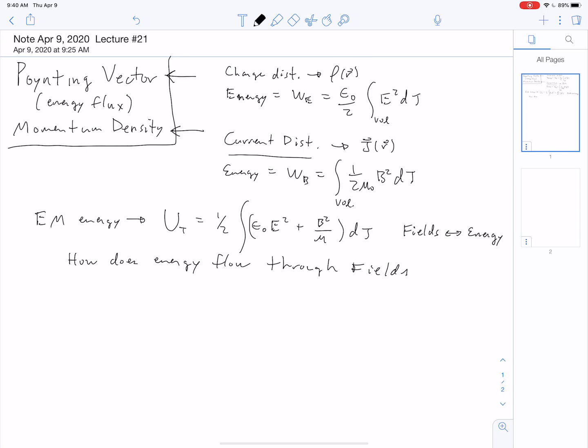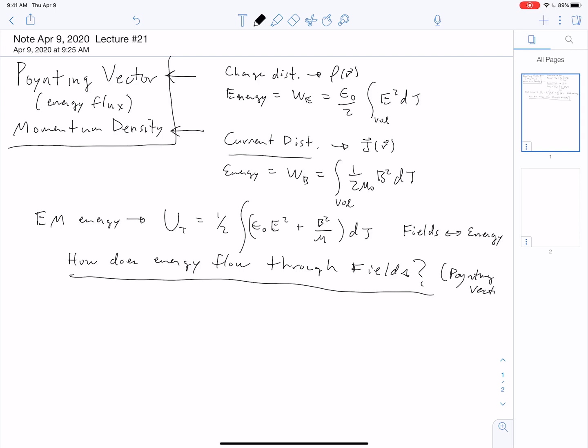How do I keep track of the energy as it's moving in these electromagnetic fields? Because we can gain energy, we can lose energy, and how do we keep track of all the energy when we have these fields happening as well? That's the question we want to answer, and the answer, of course, is the Poynting vector. This will lead us to the concept of the Poynting vector.